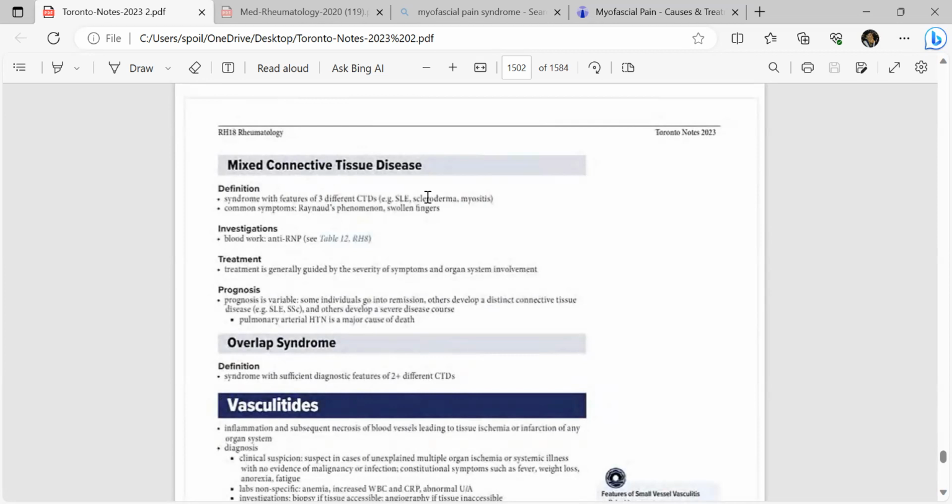Then for investigation, we will do anti-RNP. Treatment is generally guided by severity of symptoms and organ system involved. Prognosis is variable.